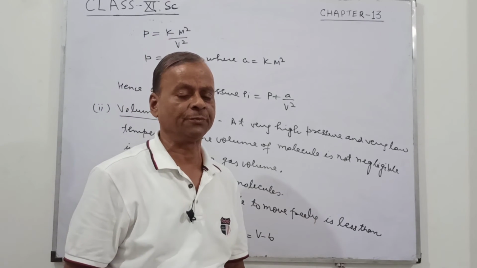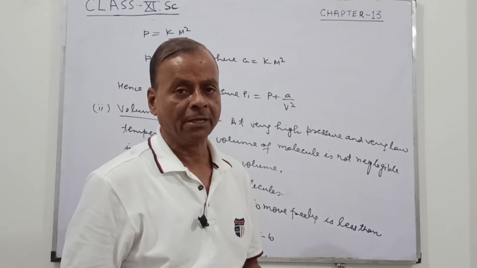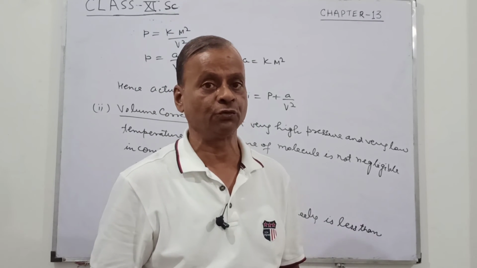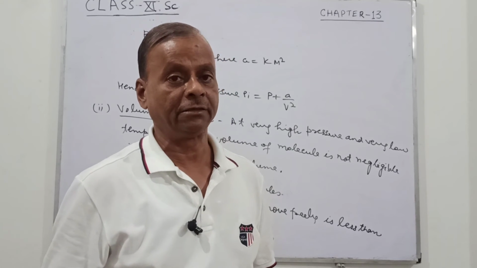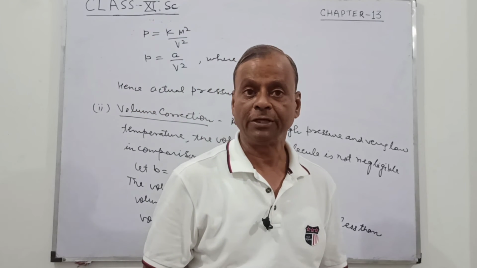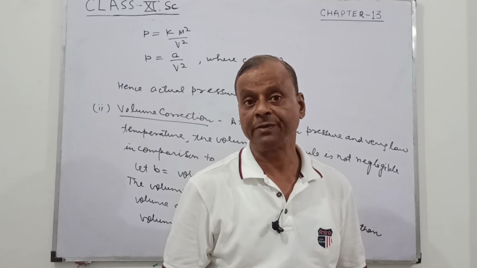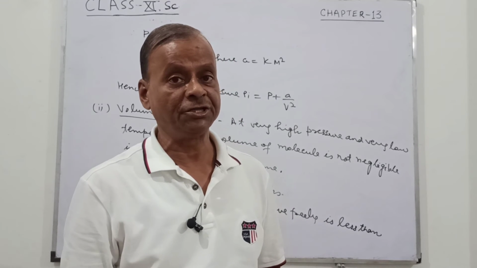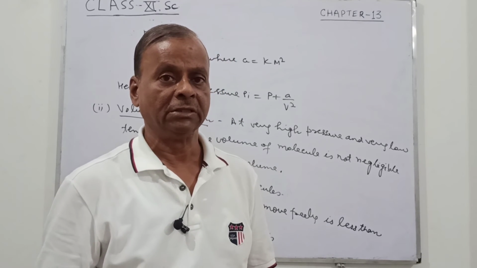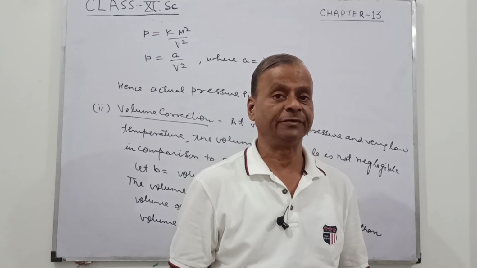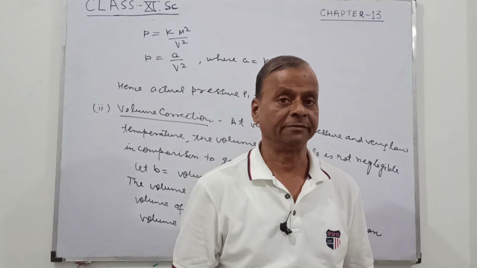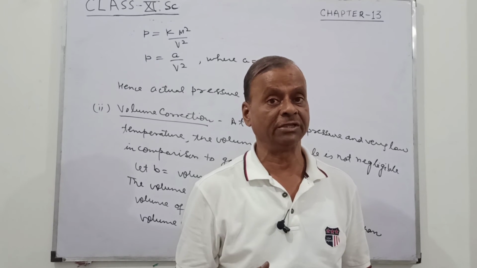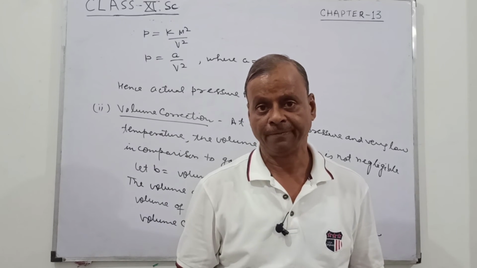You can consider an example. Suppose there are 10 students who are playing in the ground. Then the volume of one student will be negligible in comparison to the volume of the ground. And if this ground is made very small, then the motion of the students will be affected by each other. So they will not move freely as they were moving when the ground was very big.